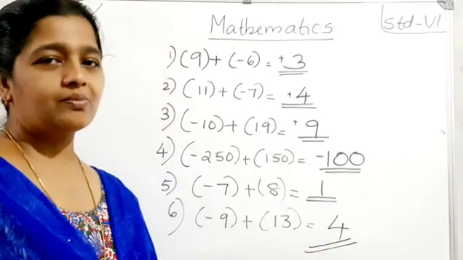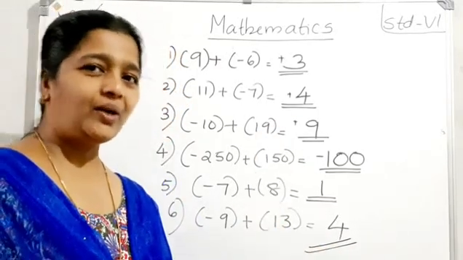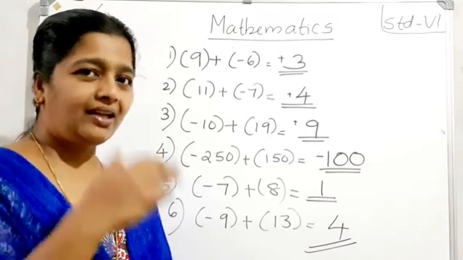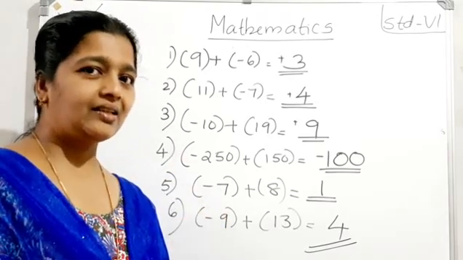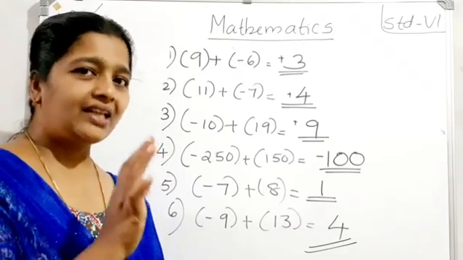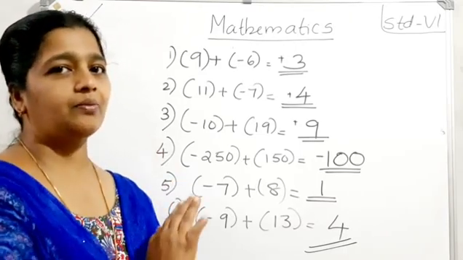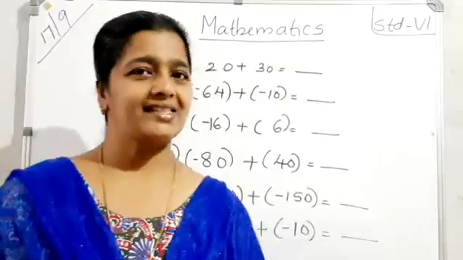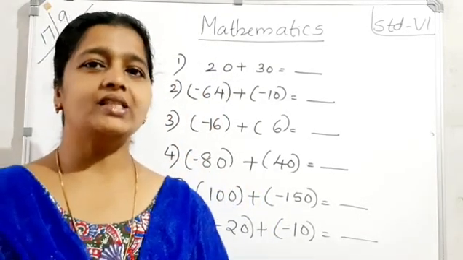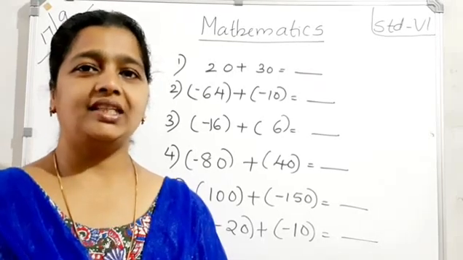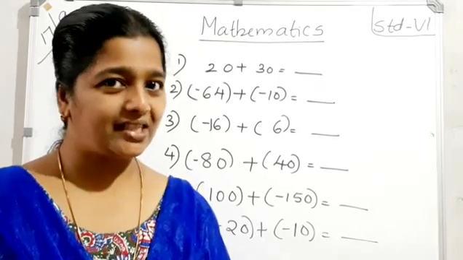So once more, for one positive and one negative, we subtract the greatest number minus the smallest number. Then which symbol do we put? The greatest number's symbol. Understand? So we can remember the given rules. When we add two positive integers, we get a positive integer.